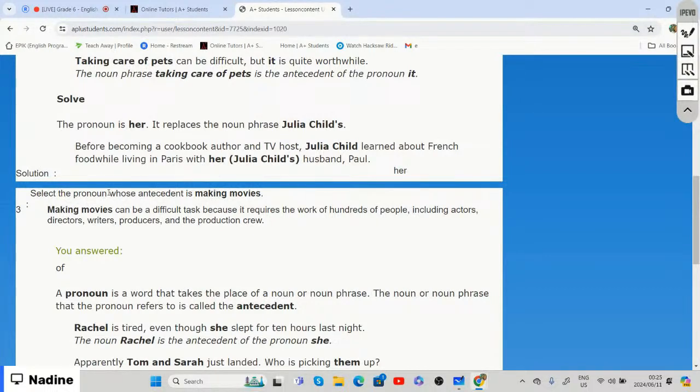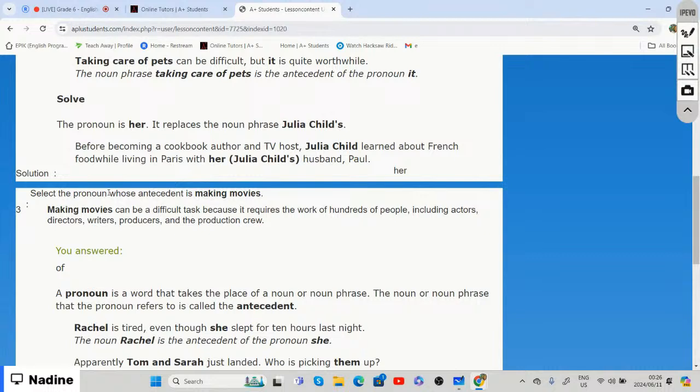It says making movies can be a difficult task because it requires the work of hundreds of people, including actors, directors, writers, producers, and the production crew.